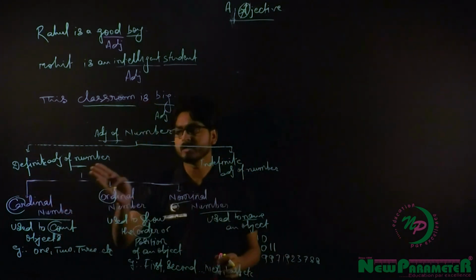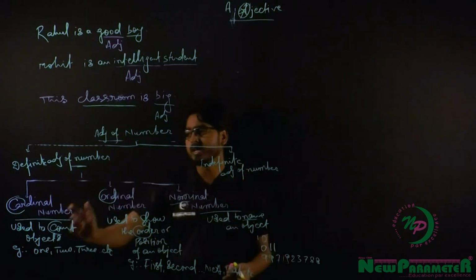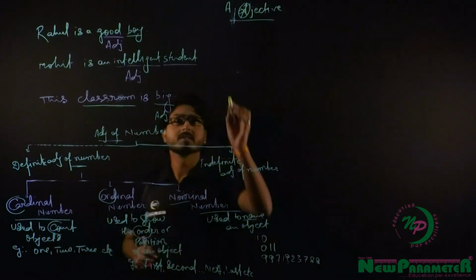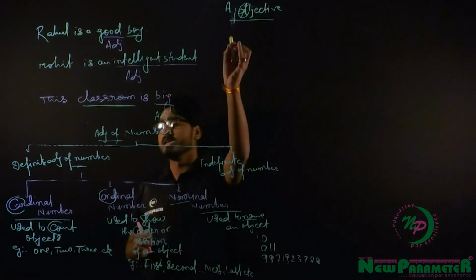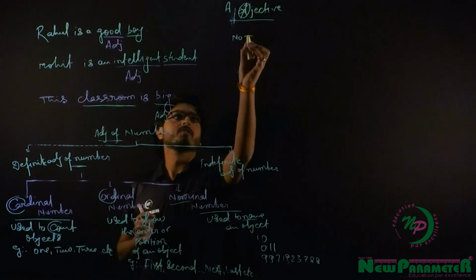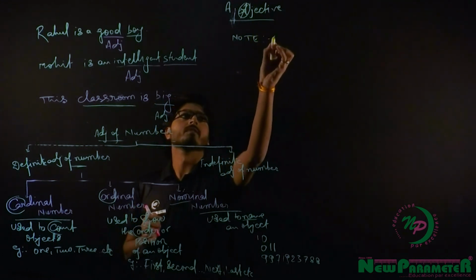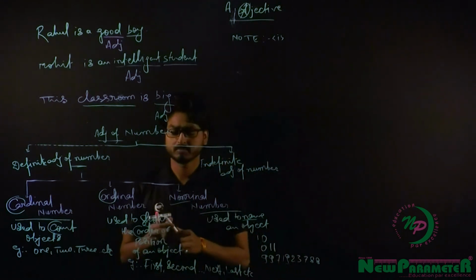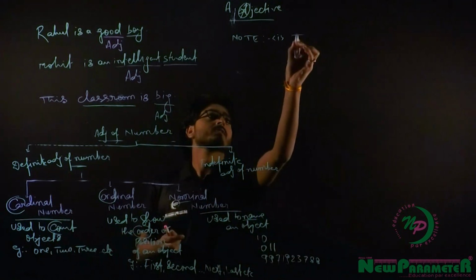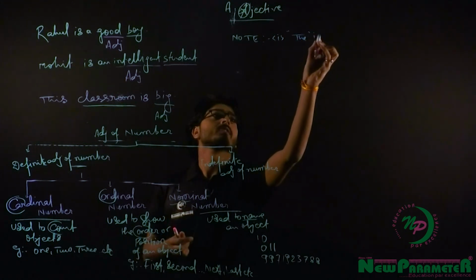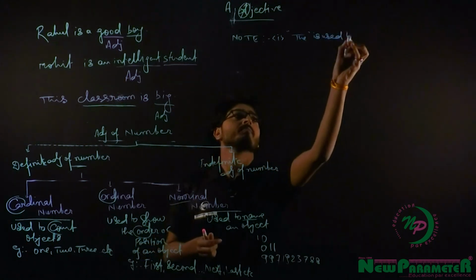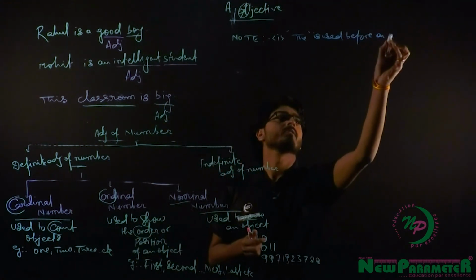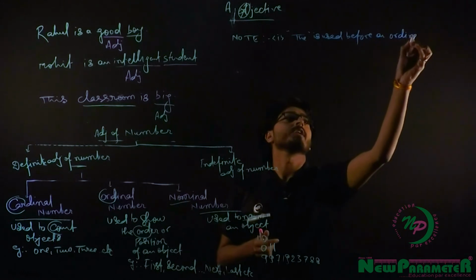So this is all about the definite adjective of number. Now we'll see which type of questions are generally asked from cardinal, ordinal, and nominal numbers. First of all, note number 1: the is used before an ordinal number.